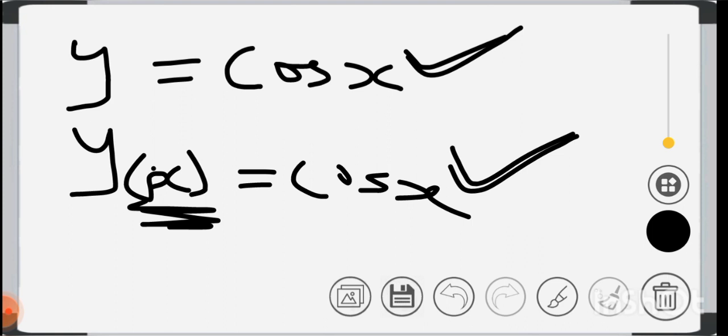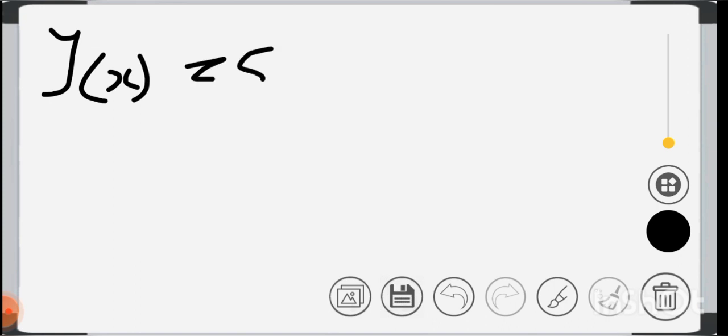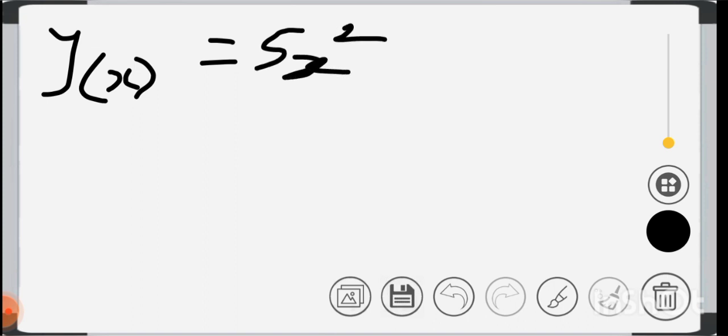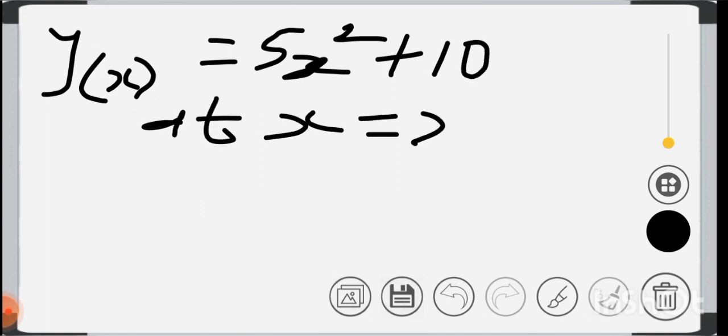How do we evaluate functions? Now let's assume we have y as a function of x to be equal to 5x squared plus 10. Evaluate this function now at x equal to 2.